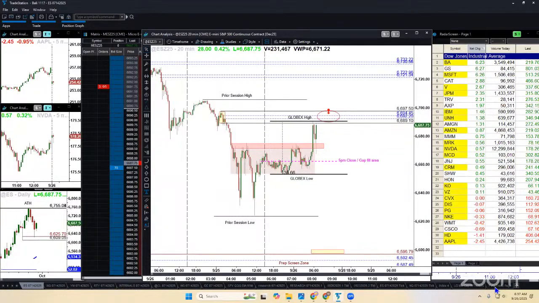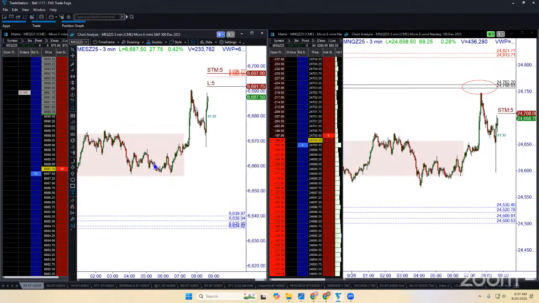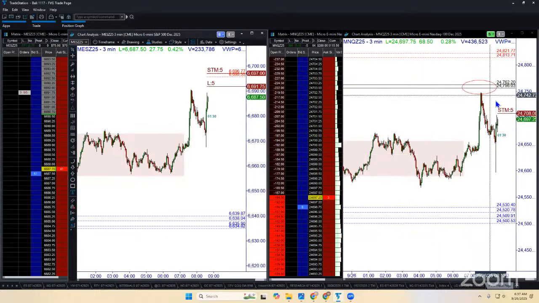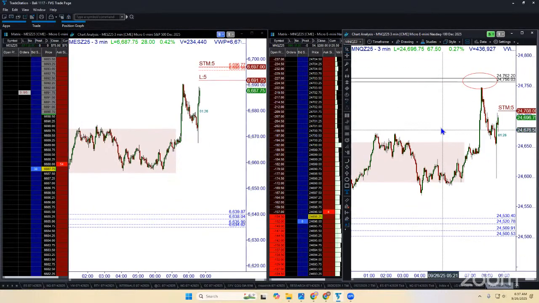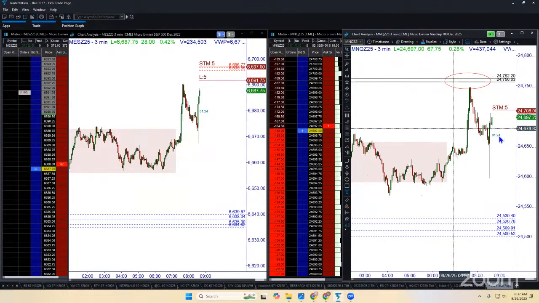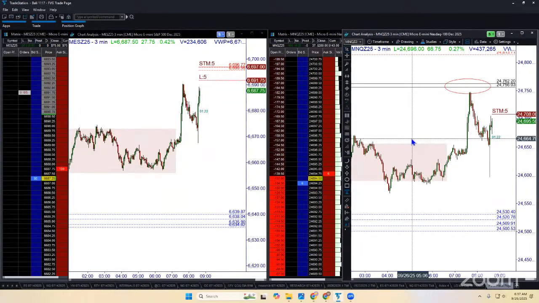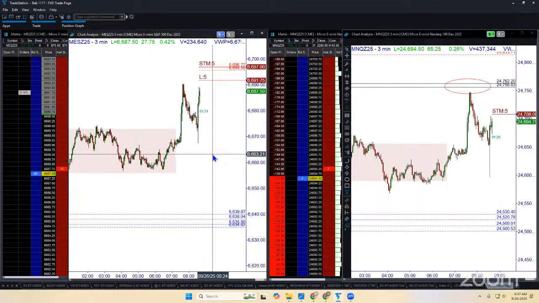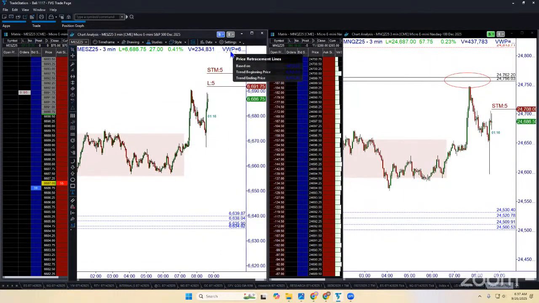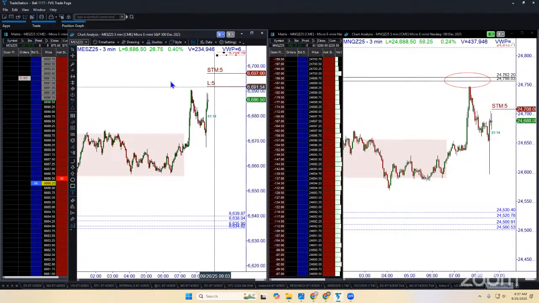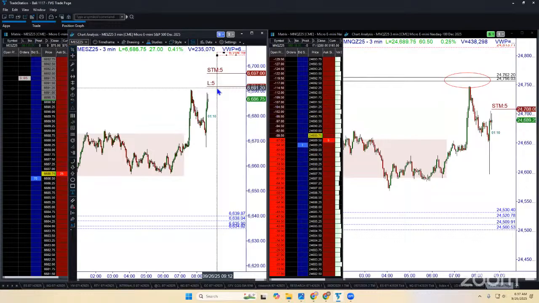Let's take a look at our 3-minute chart here. What I use this range for is whether we're in momentum, do we have a fair value gap type trade, and so on. On the S&P, this order I placed right here is from the 20-minute chart.